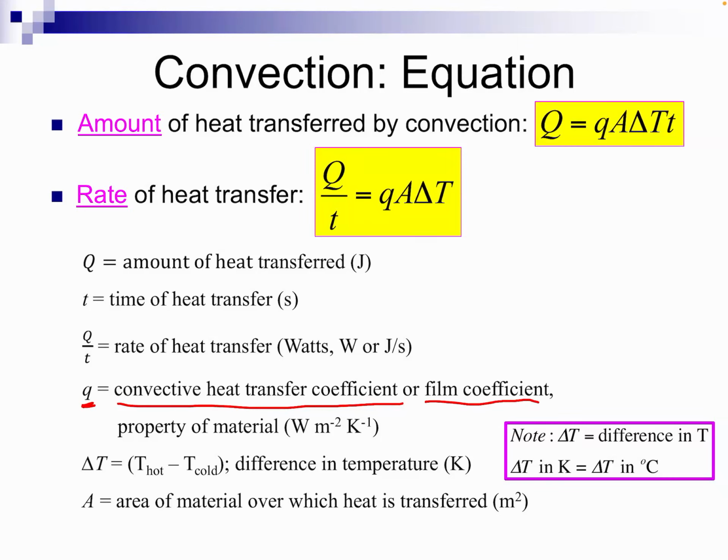I think in second year food tech physics, they use the term film coefficient, but in physics textbooks, they usually use convective heat transfer coefficient. So that's that h there. A is the area over which the particles move about, or over which heat is being transferred. Delta T, again, is the difference in temperature, hot minus cold, because you have heat transfer only if there's a difference in temperature, and small t is the time over which heat is transferred.